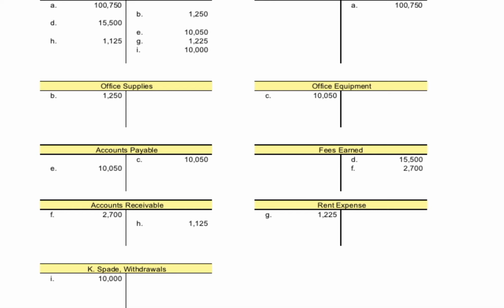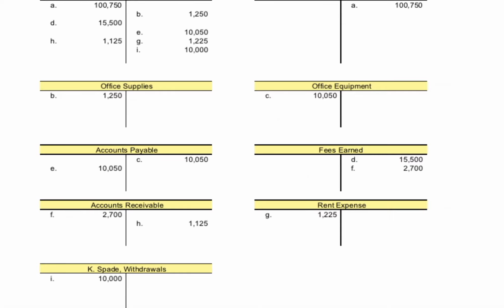So on the question that I have for you guys to do together, it says, hey, first do these journal entries. Once you've done the journal entries, make a T-chart for each account like this and transfer the effects of each journal entry over to the T-charts.